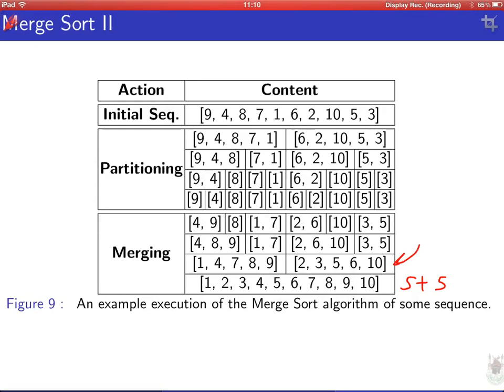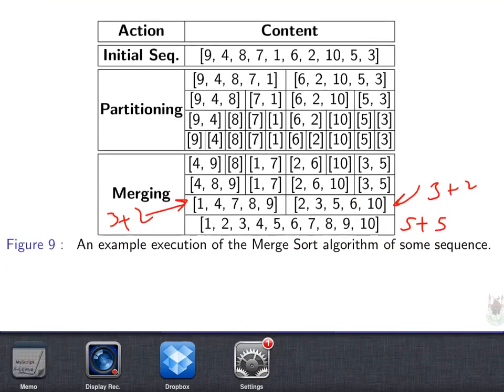So that's what I wanted to say, that at every merging level, the total amount of work we are doing is equal to the size of the input n. So at each level, we are doing big O of n work.